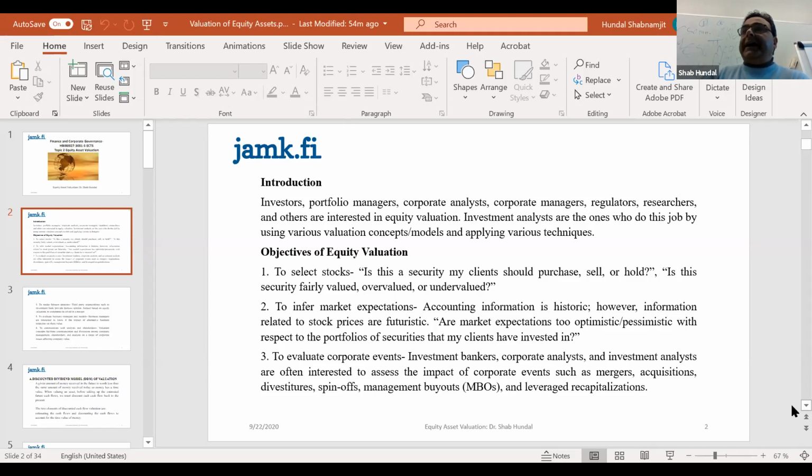Management buyout is that, and this happens when the company's stock is going down, very much down. Then there is a fear that some outside company would buy it. And when they buy it, what would be the first thing they do?